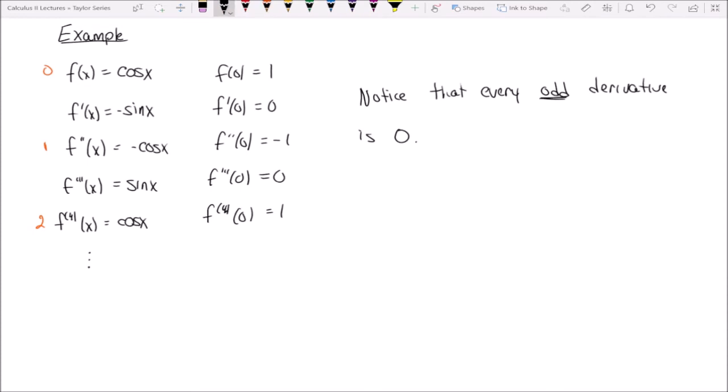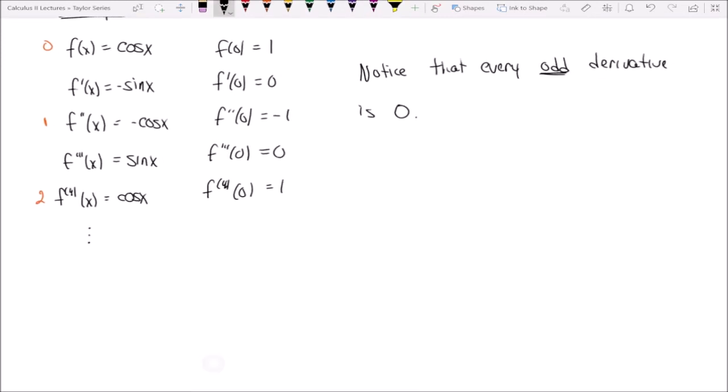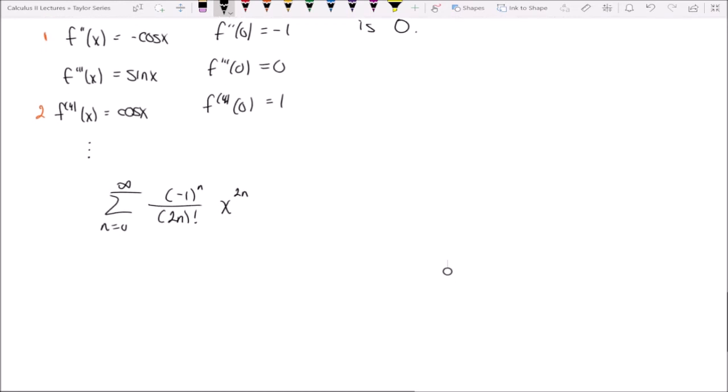In that scheme, notice that all of the evens will be positive and all of the odds will be negative. So we can just do negative 1 to the n. Now since we only want even derivatives, I'm going to write it this way: negative 1 to the n over 2n factorial, because it was evens, times x to the 2n. We just need to determine an interval of convergence.